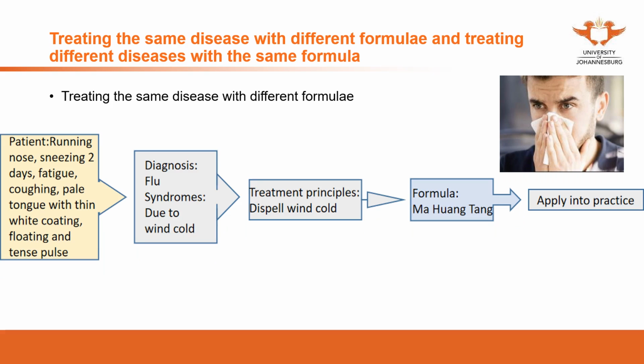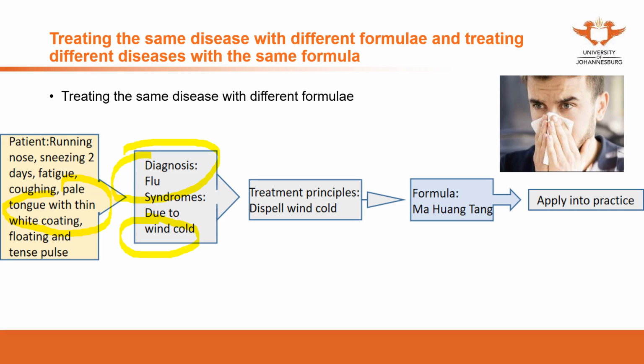Second patient. This patient also suffered from runny nose, sneezing for 2 days, but this patient presented with fatigue, coughing, pale tongue with thin white coating, floating and tense pulse. The diagnosis of this patient is also flu. However, it is due to wind cold, this is the syndrome.